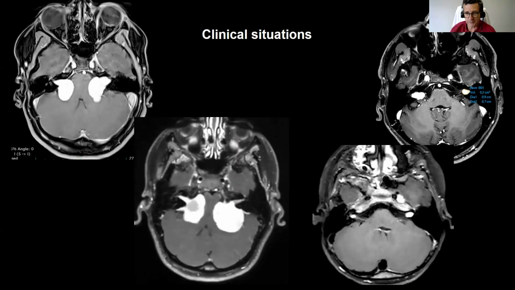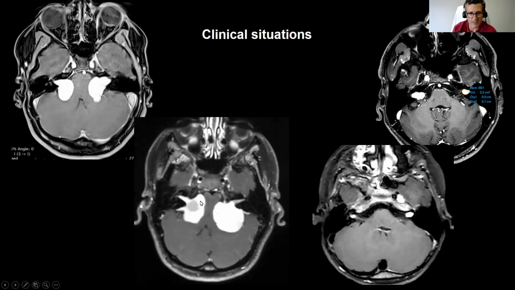Just to start, what is the difficulty with the vestibular schwannoma in NF2? You have many different clinical situations. You can have a patient with large vestibular schwannoma or very small vestibular schwannoma. It can be discovered in a family of NF2 patients without any symptoms.